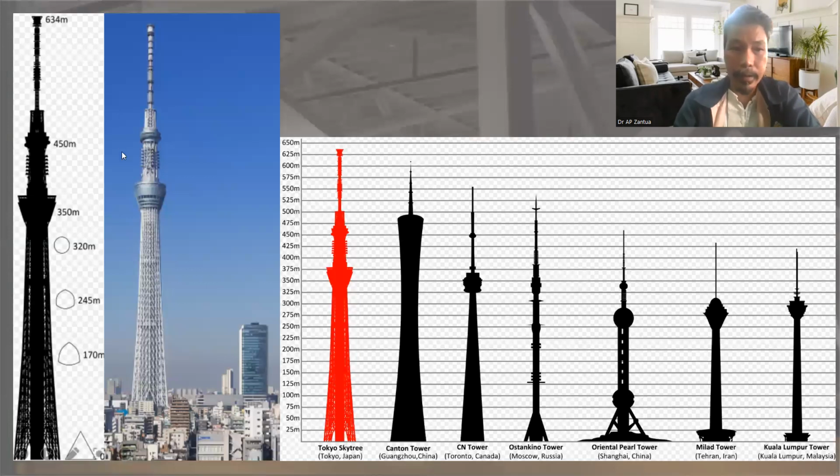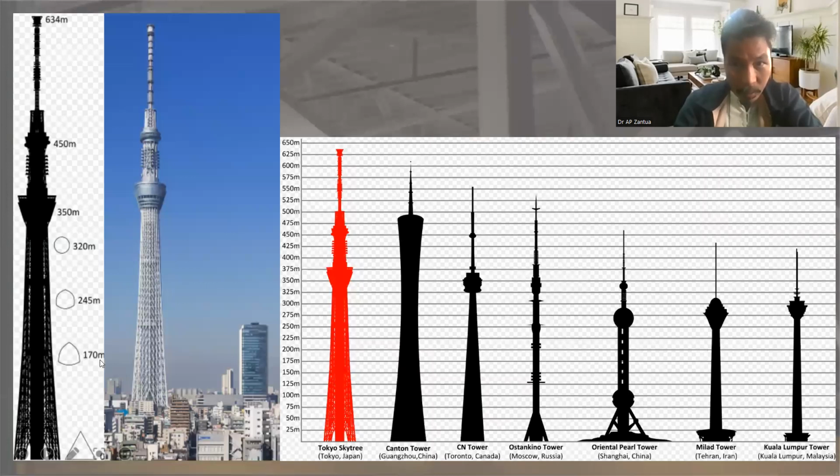We are talking of Tokyo Sky Tree here, and you will notice the shape. At 0 meters, the ground level, and at 170 meters, the shape is different. Initially, the cross-section of the tower is a triangle at the ground level.